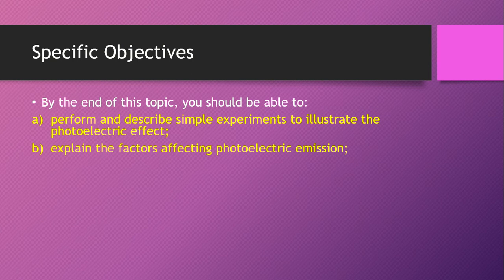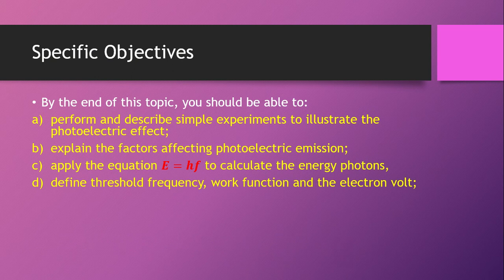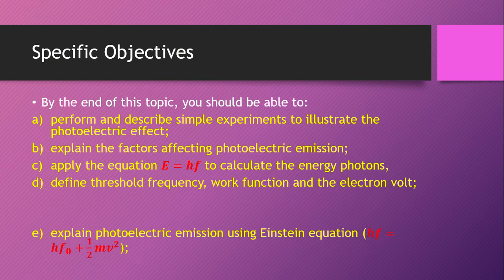Number two, you should be able to explain the factors affecting photoelectric emission, which we are going to do in some upcoming tutorials. In this tutorial, we are going to apply the equation E equals hf to calculate the energy of photons. Later we shall define threshold frequency, work function, and the electron volt.